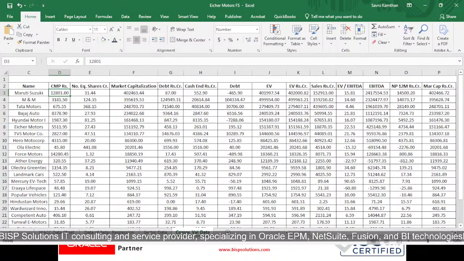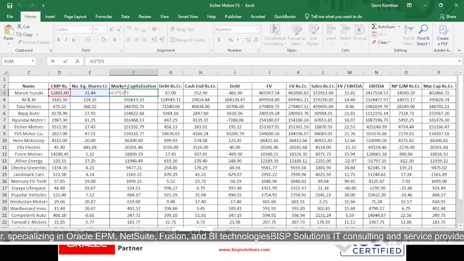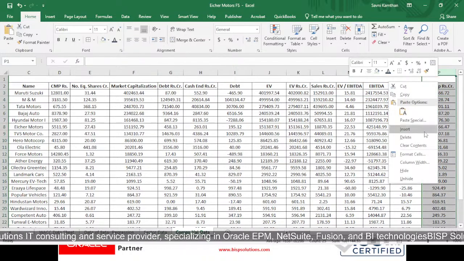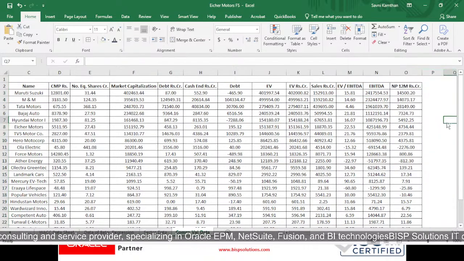These two are the same which I have copied. I have calculated market capitalization to get my actual market capitalization: 31.44 multiplied by CMP gives 4,02,466.72. It will be the same as this, so we can delete this particular table, right?